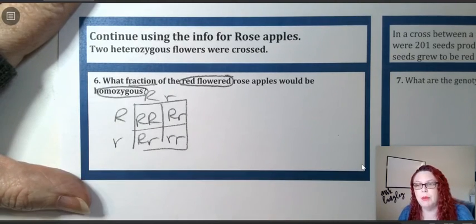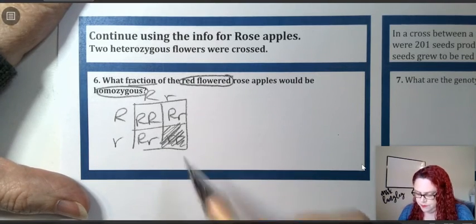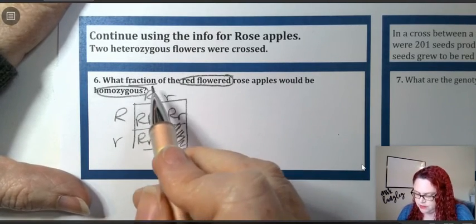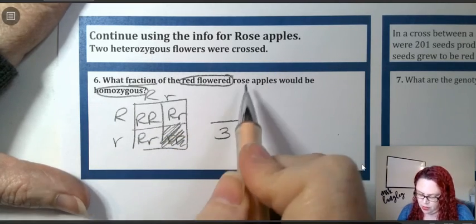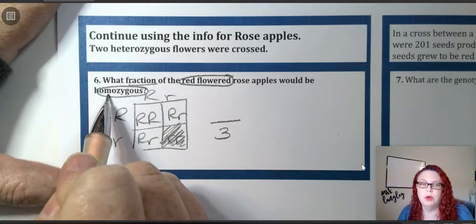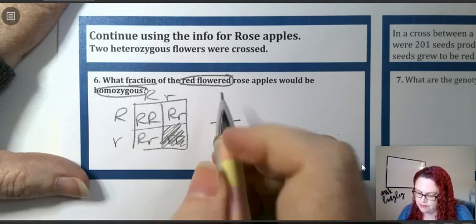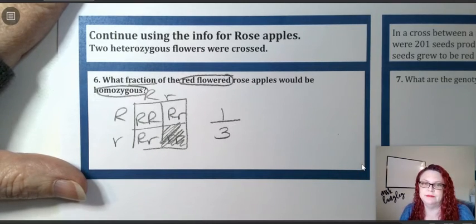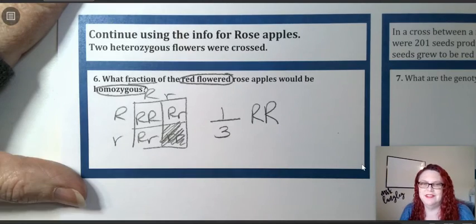So I only care about my red flowers. Well, these ones are white, so I don't care about those. It's a fraction, so I know it's going to be out of 1, 2, 3 boxes. And how many are homozygous? Now the prefix homo means same, so they have the same 2 letters. These are 2 capitals that are the same, so it's 1/3. 1/3 of them are going to be homozygous.